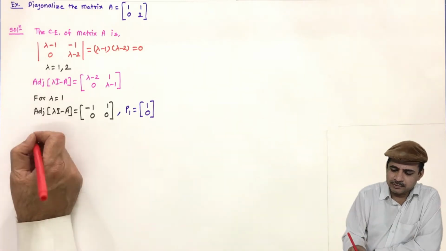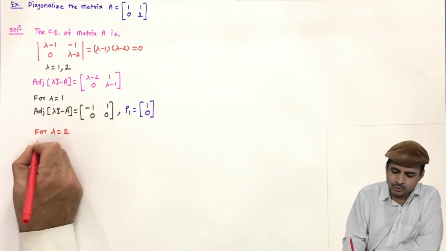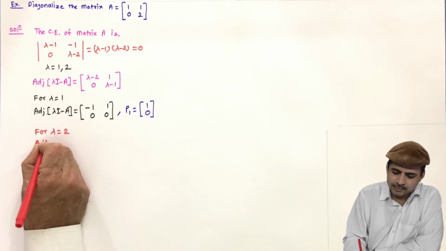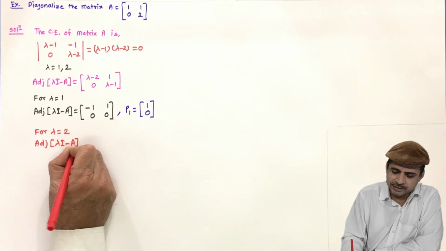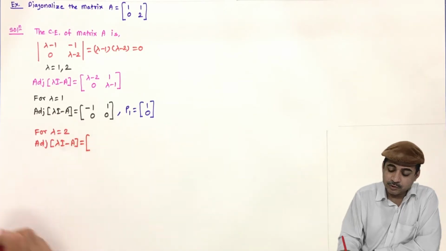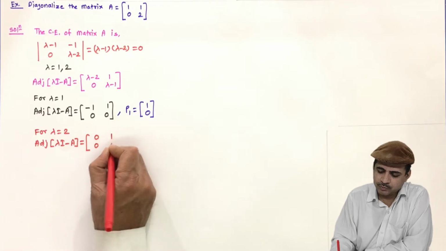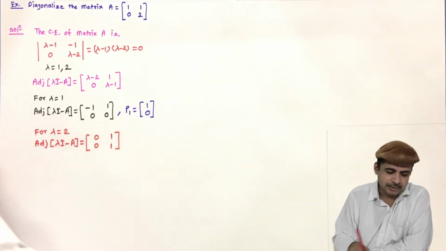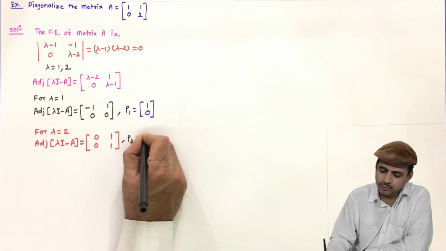For lambda equal to 2, the adjoint of lambda I minus A, putting lambda equal to 2, will be [0, 0; 1, 1], which gives me P2 equal to [1, 1].